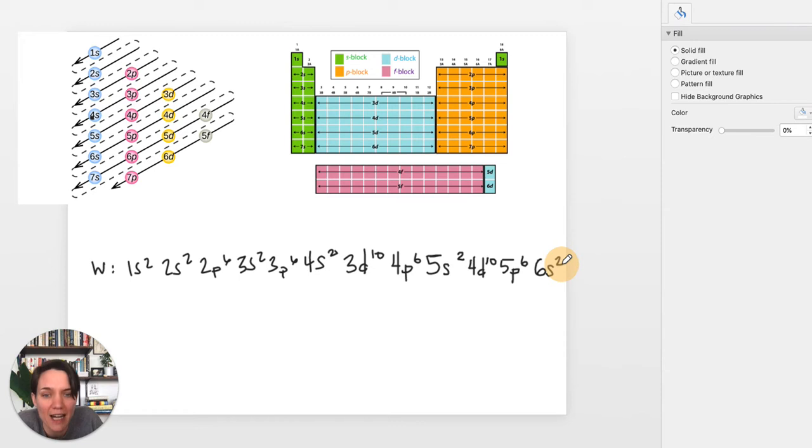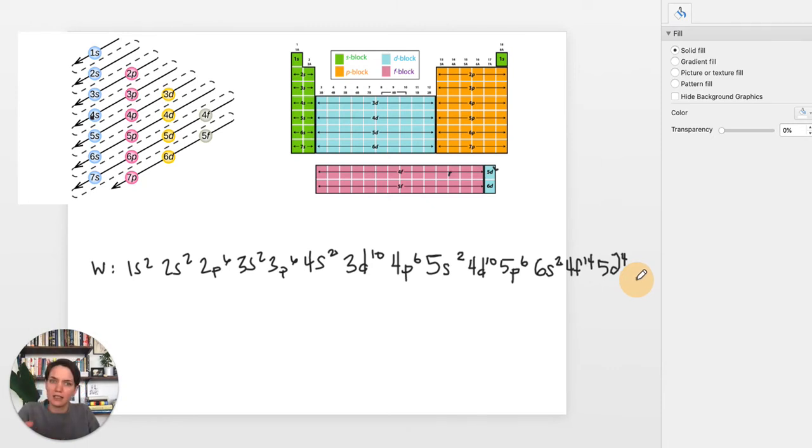Okay, and now before I fill my 5d, and that's what this is trying to show, before I go to 5d, I have to fill my 4f. So this is going to be my 4f14. Then I go to 5d, which is where tungsten is, right? 1, 2, 3, 5d, 1, 2, 3, 4. Whew. So that would be the complete electron configuration of tungsten.